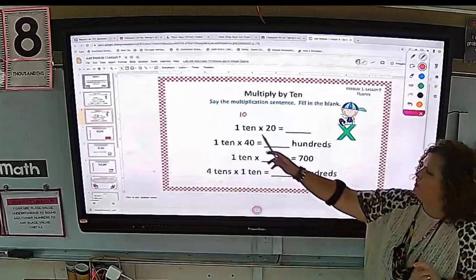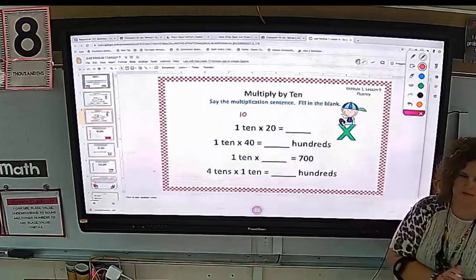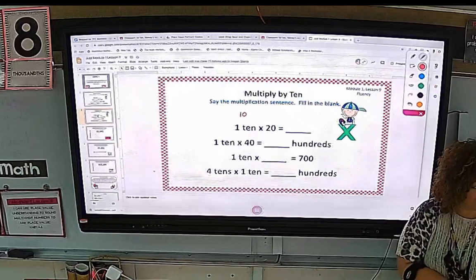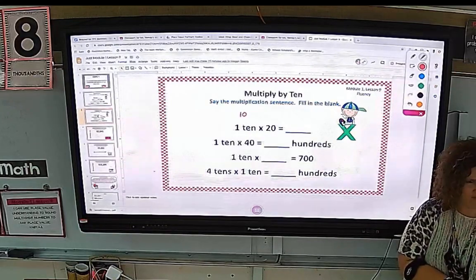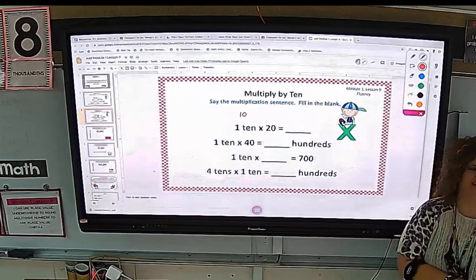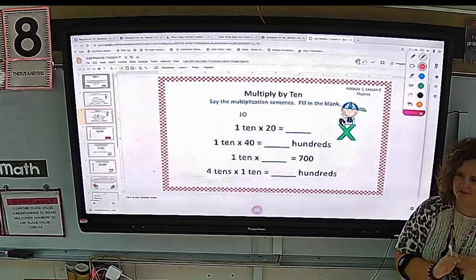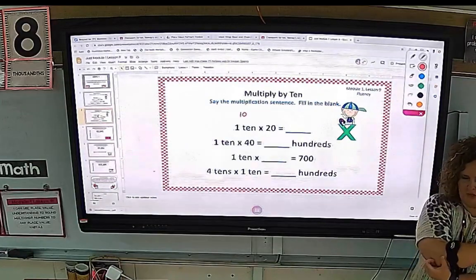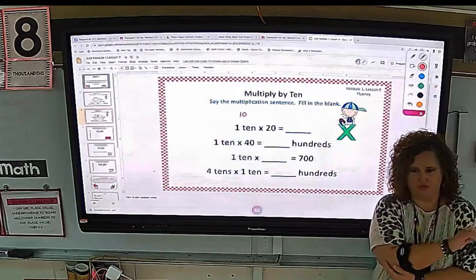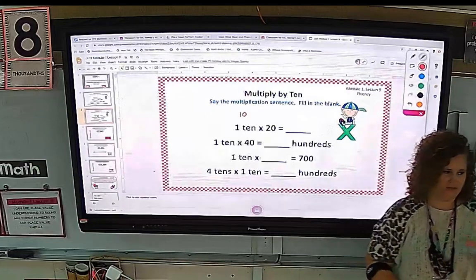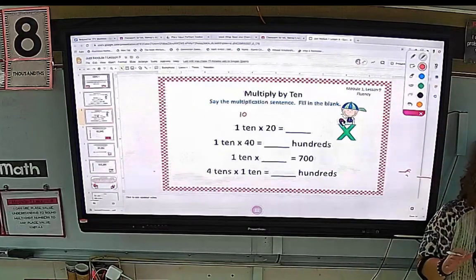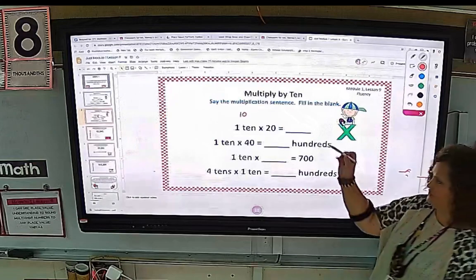Okay, 1 ten times 20 equals how much? Oh, that's a little bigger. Let me think for a minute. 1 ten times 2 is 20. So 1 ten times 20 is 200.